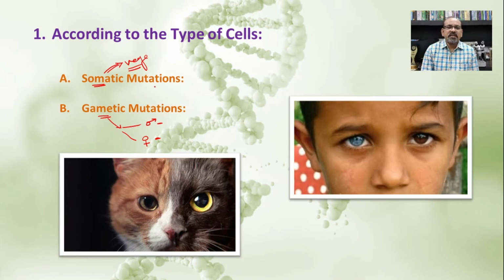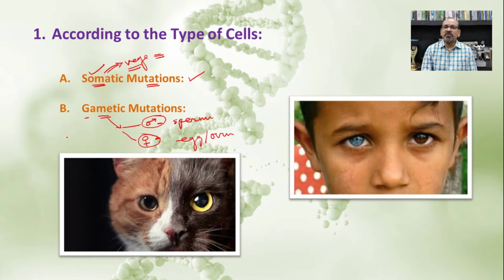If there is a certain change in the DNA or the chromosome of the vegetative cell or the somatic cell of the body, then it is known as a somatic mutation. But when there is a change in the DNA of the gametes, that is the male gamete or the female gamete, the sperm or the egg or ovum, then such mutations are known as gametic mutations.